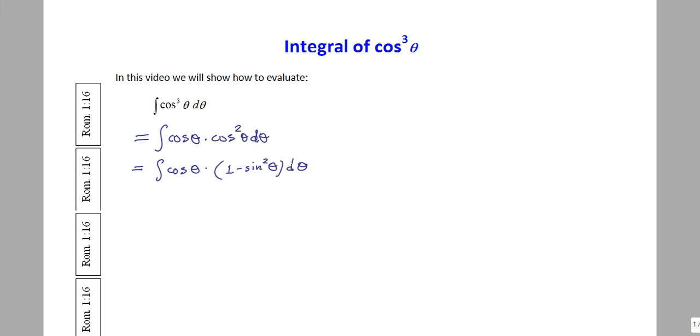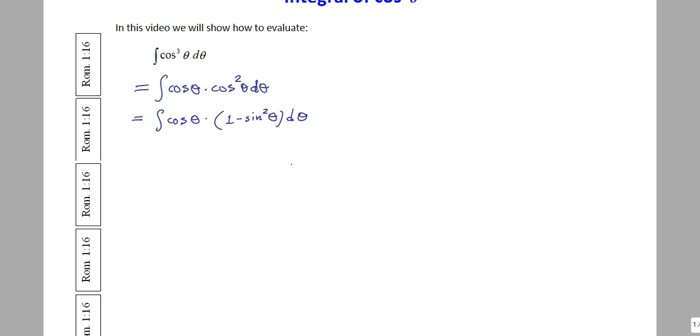Now, one way I can do this is to distribute. Let me divide the page into two parts. We'll look at an easier way on the left, and then I'll show you an interesting way of looking at the same thing on the right, and you can pick which one you like.